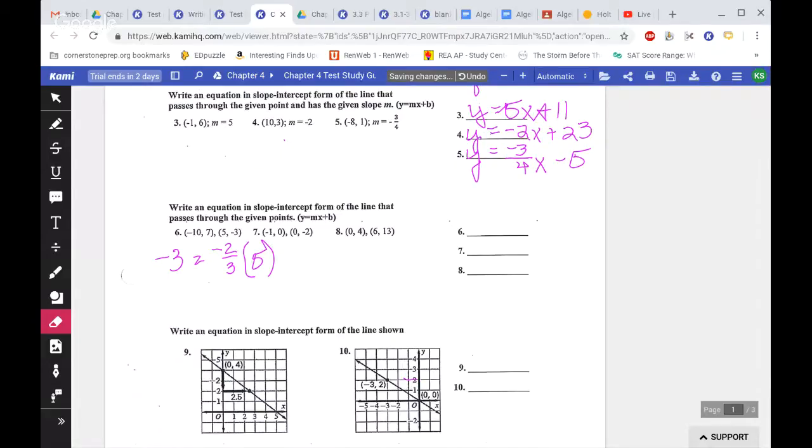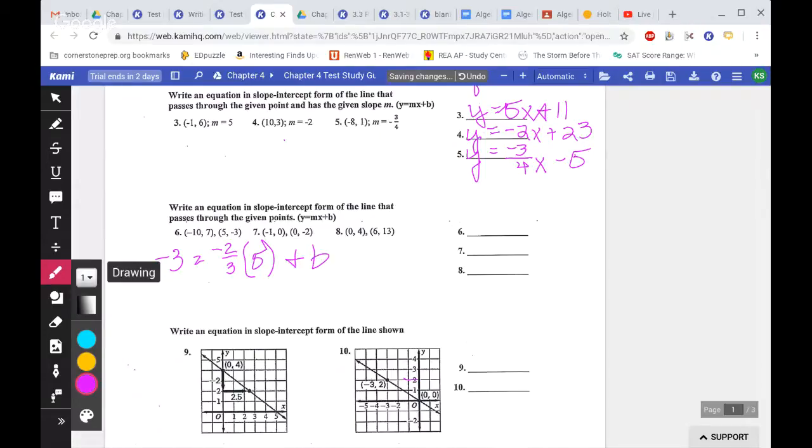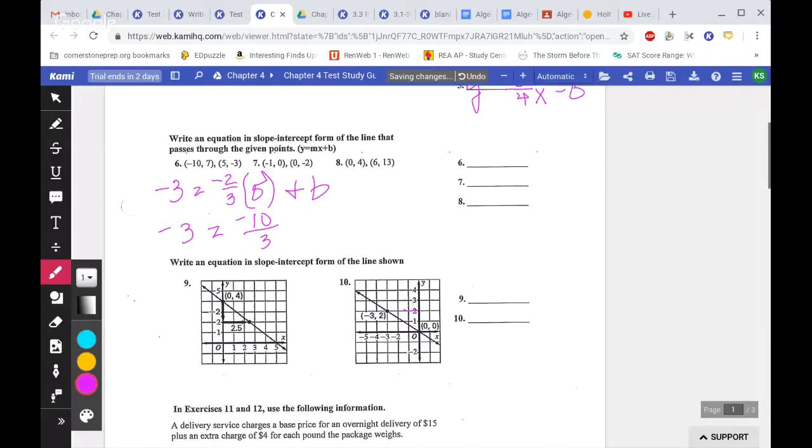And then you have to multiply the -2 over 3 times 5. And then you get negative 10 over 3. Yes, ma'am. And then you would have to add that to both sides. Good job. And then I got B equals 1/3.